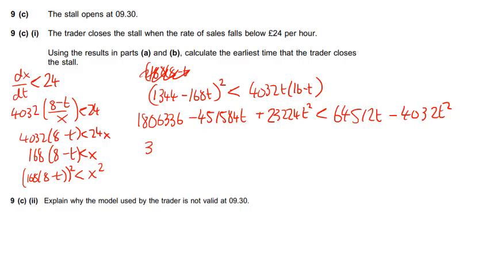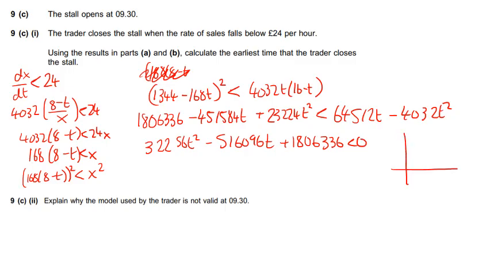We get 32,256t squared minus 516096t plus 1,806,336 is less than 0.